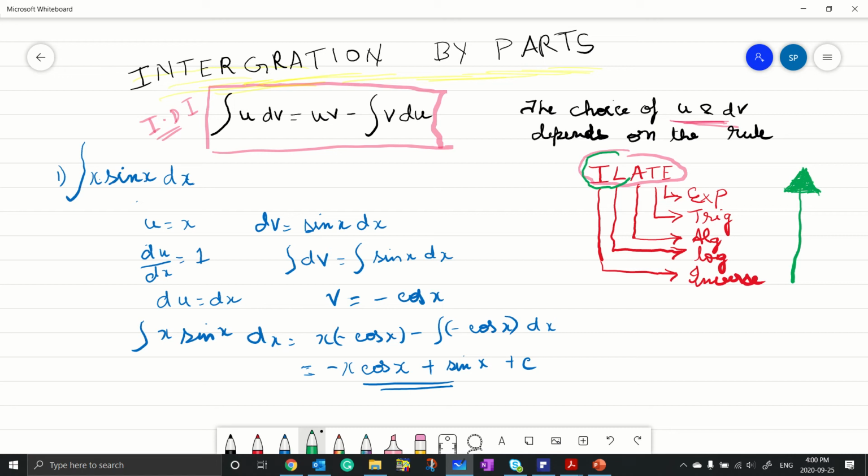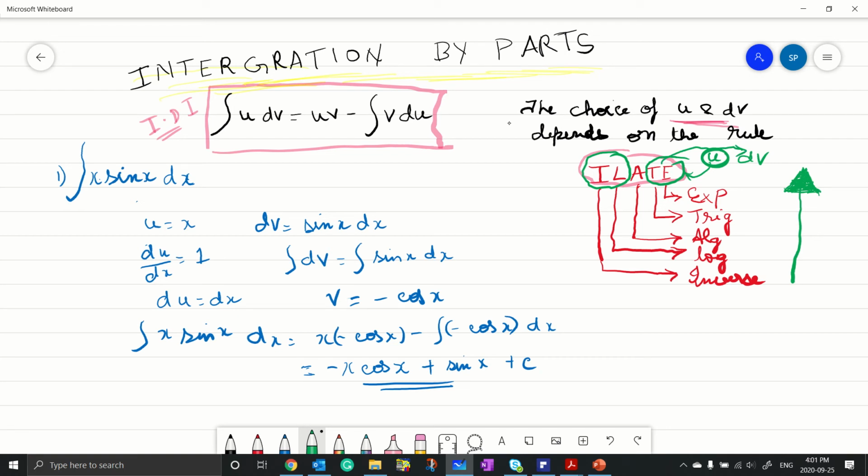If you take u as trigonometric and dv as exponential, it's fine, but even if you take u as exponential and dv as trigonometric, you will still get a solution.